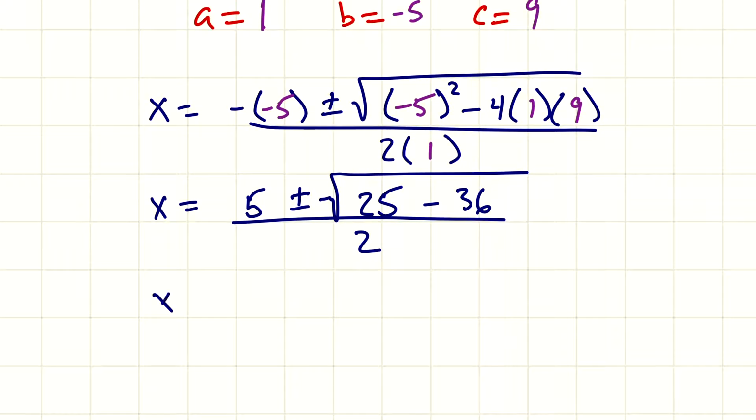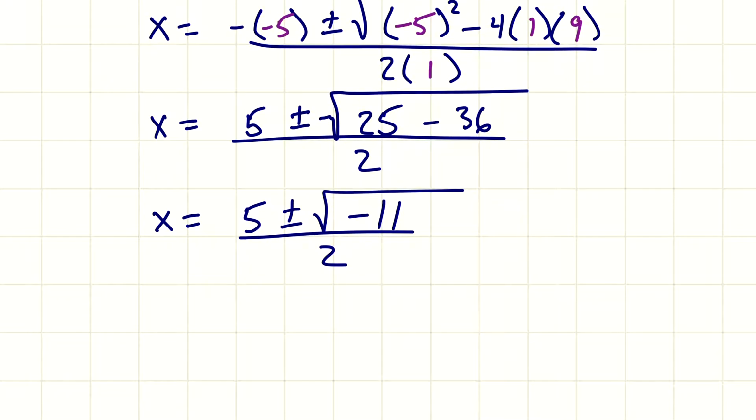So when we start to simplify this, what's 25 minus 36? Do you know? Well, if you do it too fast, you might get the wrong answer. This is a negative 11. Right? If you have $25, you can't take away $36 because you don't have that much. You're short $11.